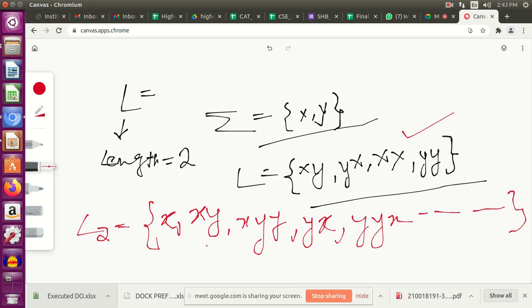Okay, why am I telling you this finite and infinite? You might think that, like, what's the point of knowing that a language can be finite, a language can be infinite? The point is, dealing with a finite language is very easy. A finite automata, which is the weakest machine of all, can easily deal with a finite language because it has some small amount of memory and it can store the language in its finite memory, and it can process the things.